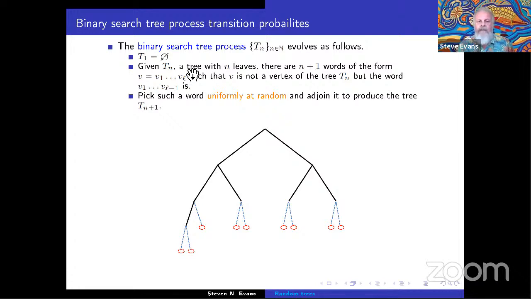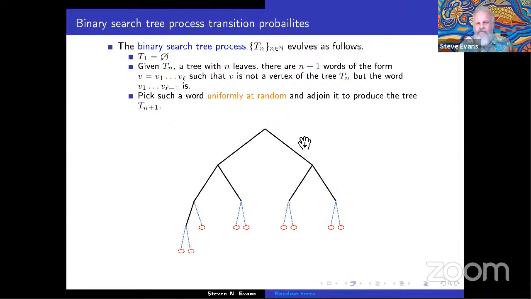And if Tn's a tree with n leaves, then there's going to be n+1 words that we can sort of think of as being neighbors to vertices of Tn that are possible ways of extending Tn to build Tn+1.